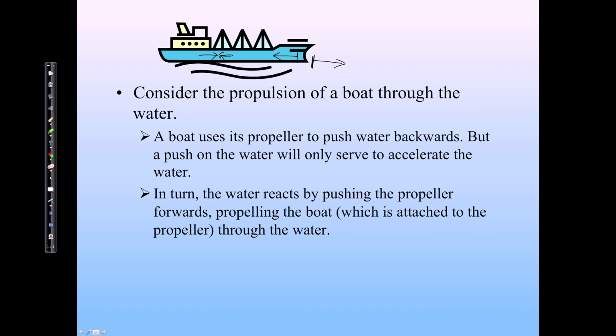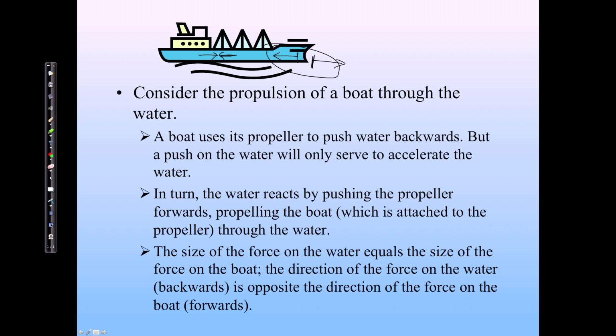The boat wouldn't go anywhere. In this action-reaction force pair, one force acts on the water, the other one acts on the boat. And again, in this situation, the size of the force on the water equals the size of the force on the boat. It's their directions that are opposite.